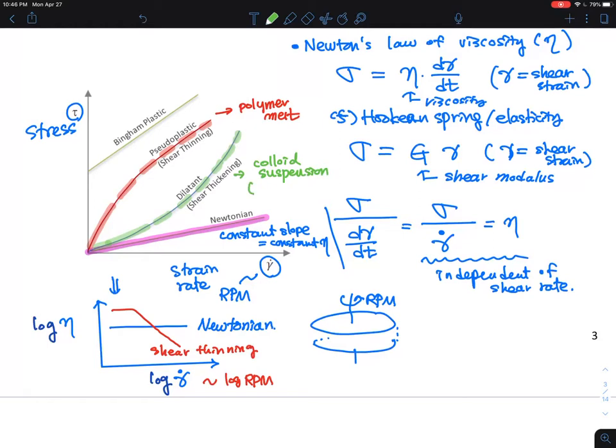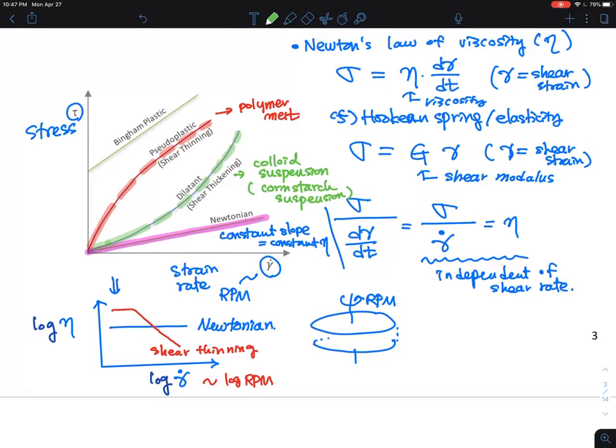One famous example is cornstarch suspension. If you mix cornstarch with water, you will see that when you're stirring it, it's easier to stir at a lower stirring speed, and when you try to stir faster, it actually gets more difficult than at the lower speed. That's what is called shear thickening.